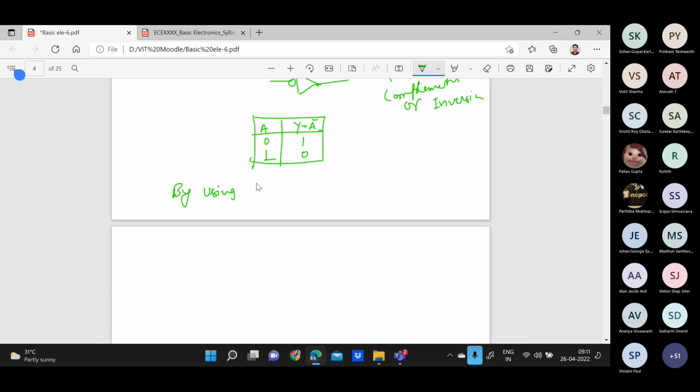That means by combining AND, OR, and NOT, we can design any gate, any function or logic.